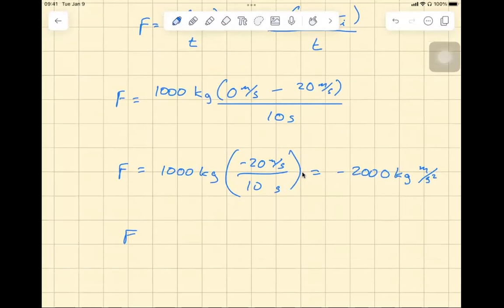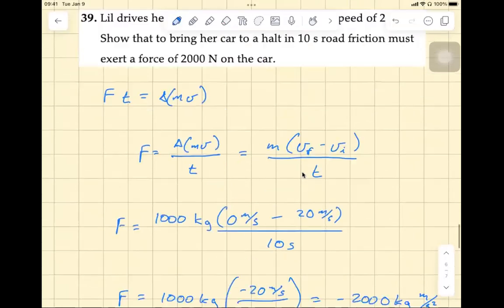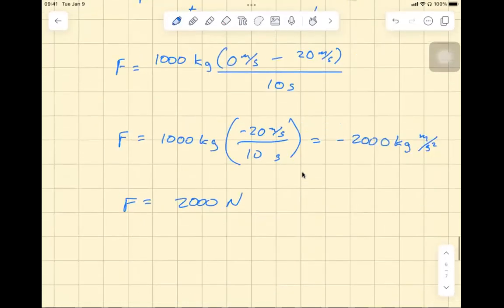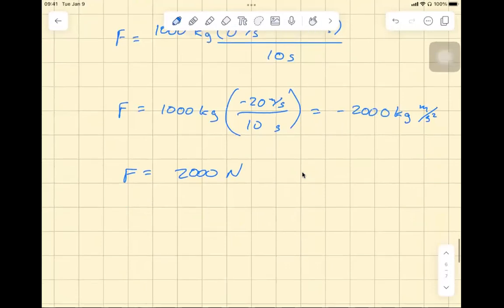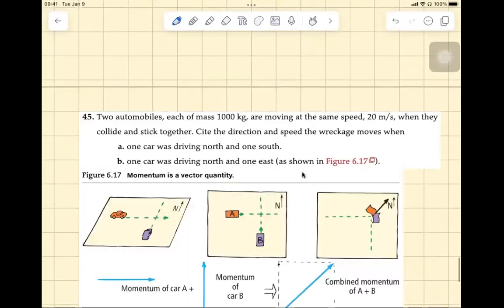That is 2,000 newtons. It's really minus 2,000 newtons. Is that what it says in the, no, it just says 2,000 newtons. They're ignoring the sign, but it is negative to stop the car, stop the vehicle. Okay.